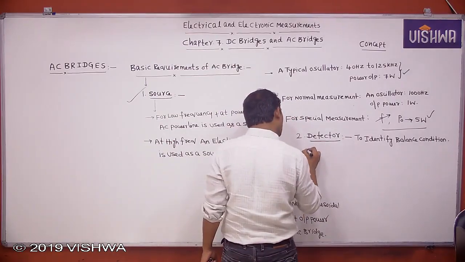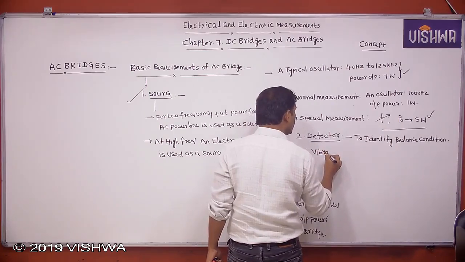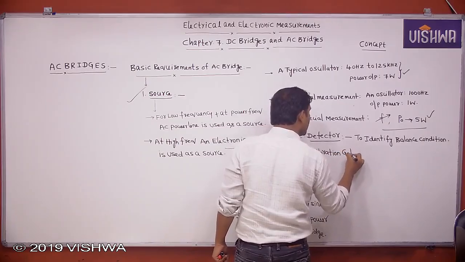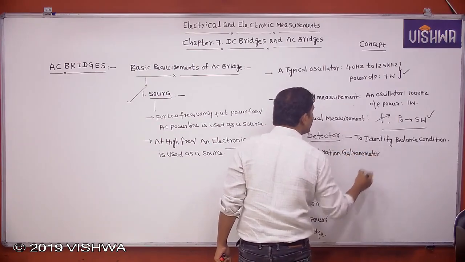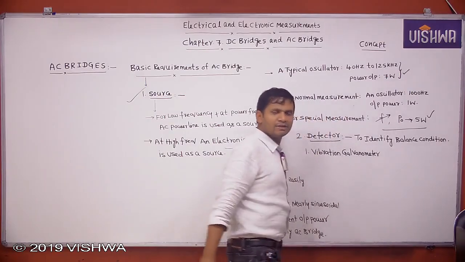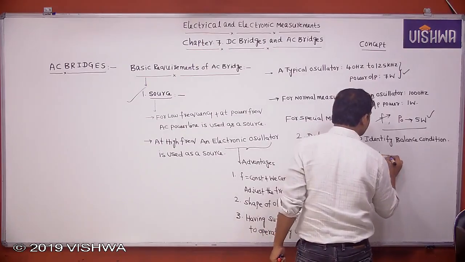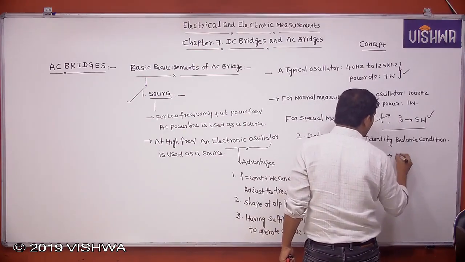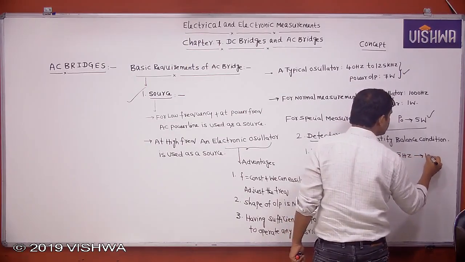One is the vibration galvanometer, which is used as a detector. Vibration galvanometers are used for 5 Hz to 1000 Hz.